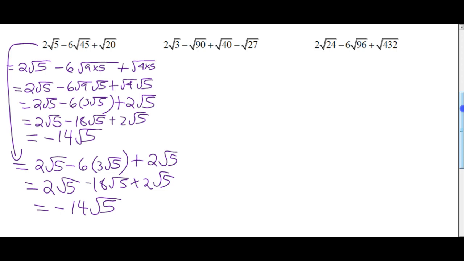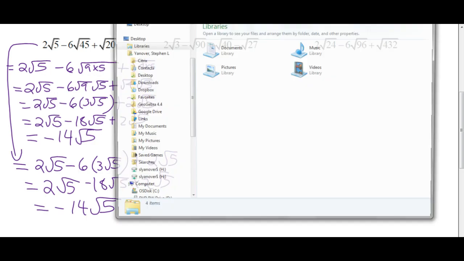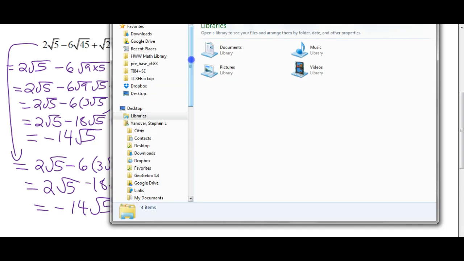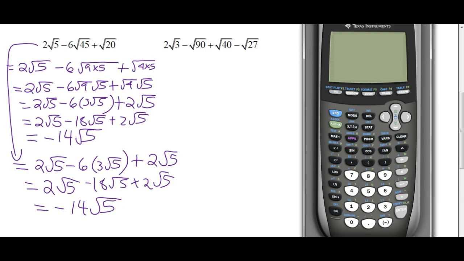So if you want to do this in your head, but you also want to check, I'm not going to do much calculator stuff.